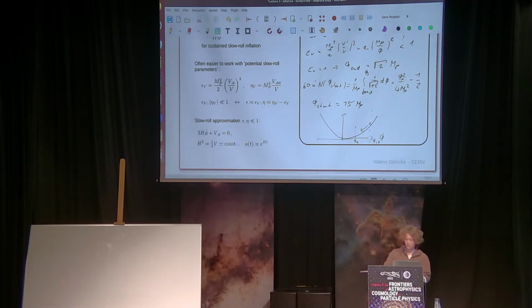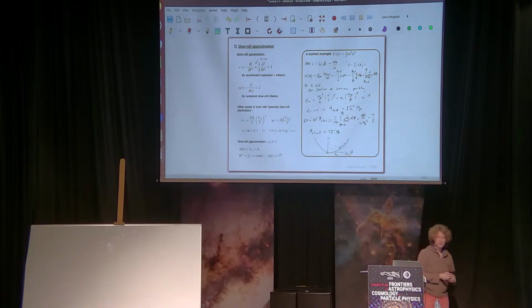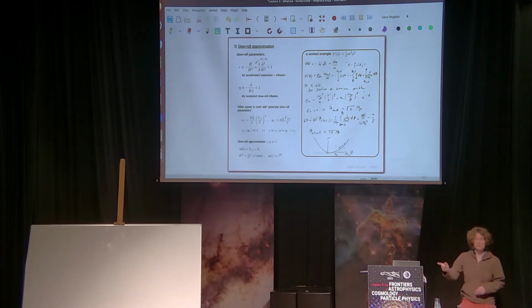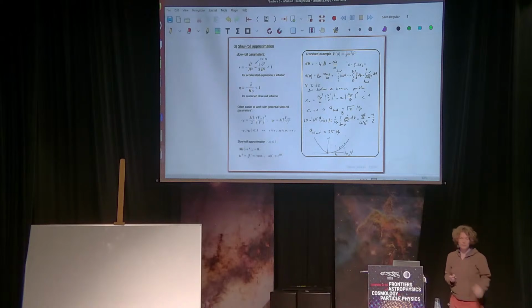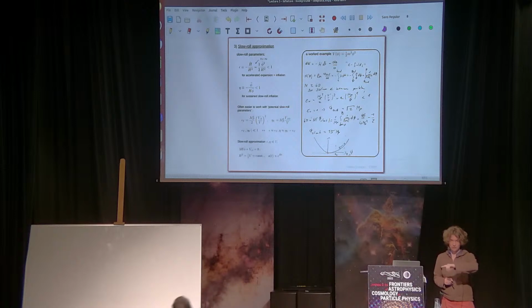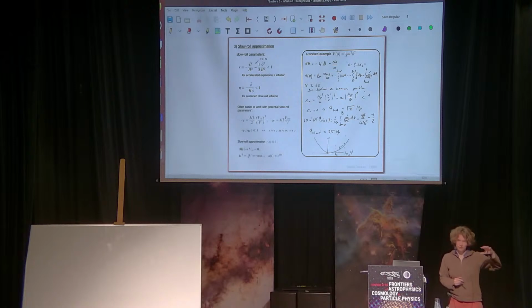Is there any fundamental reason to consider a scalar field and not other more complex, like tensor or vector fields, or several scalar fields? Well, this is the simplest thing you can do. You can do more complicated things. However, you need to keep in mind that what you generate is an isotropic universe. So if you do this with something which has an index, you will generate a preferred direction in the universe, and you will typically end up with an observable universe which has some preferred direction, which is not what we see.